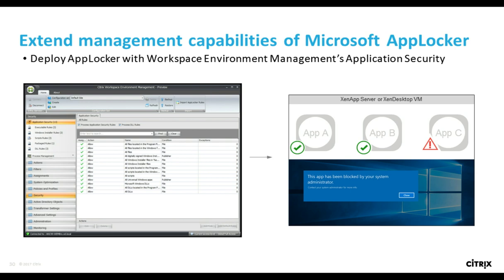We also have the ability to search as well. So there's some extension of the platform in Microsoft's App Locker that we provide as part of the WEM suite, and it does help extend the security of XenApp and XenDesktop via that whitelisting. It's a good way to work with App Locker if it's something that you're looking at in the future.